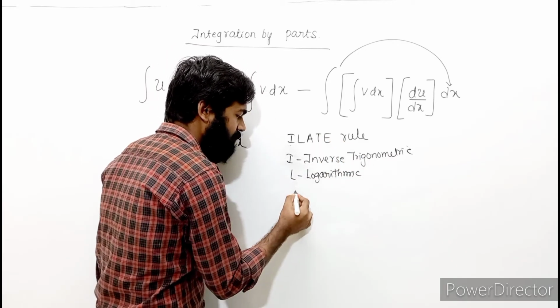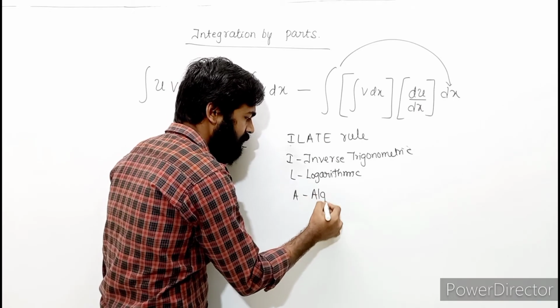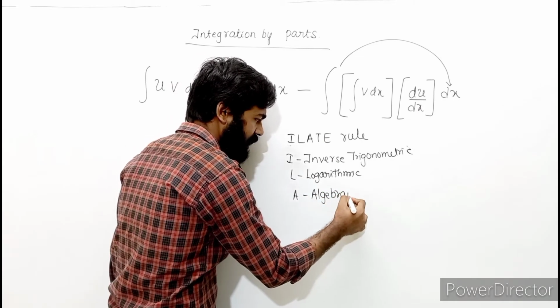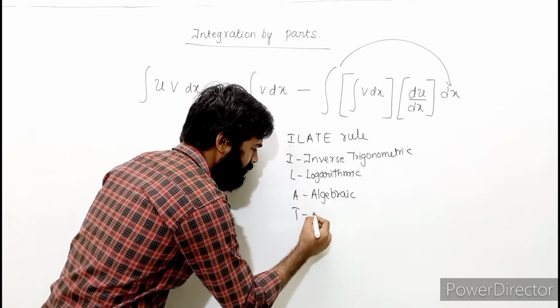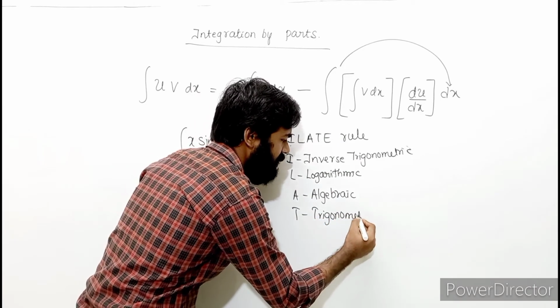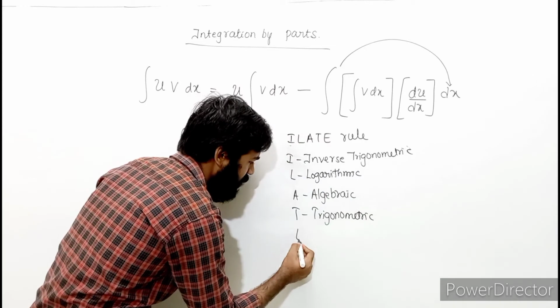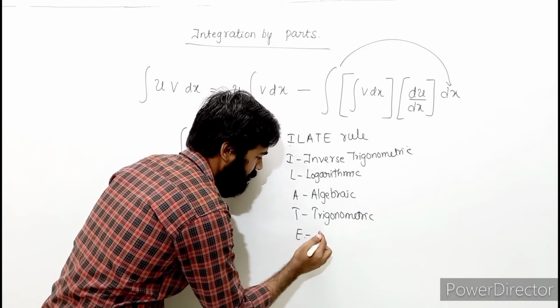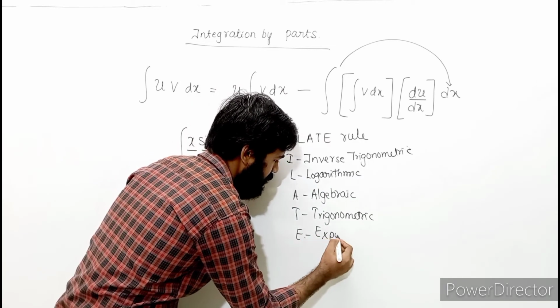A means algebraic. T means trigonometric. E means exponential.